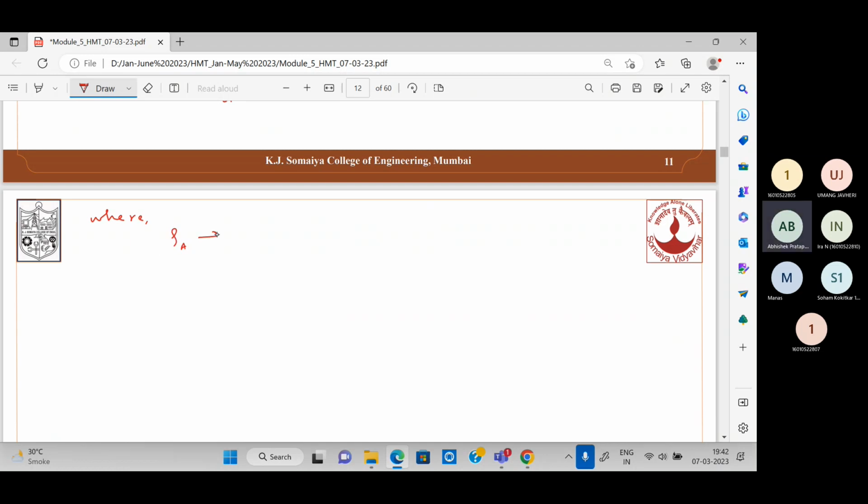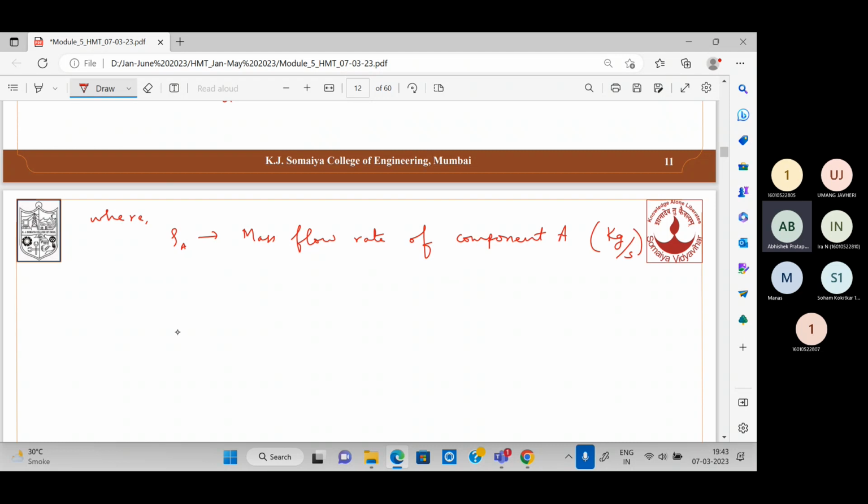Where, what is the meaning of this, rho A indicates the mass flow rate of component A, and the unit is kg per second.